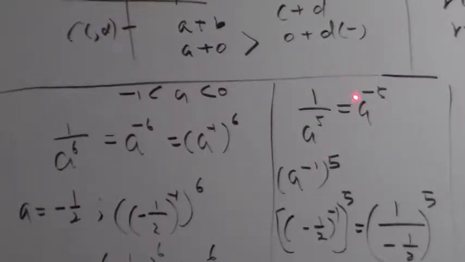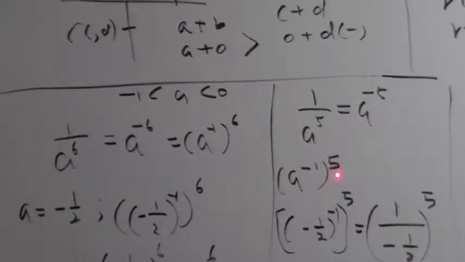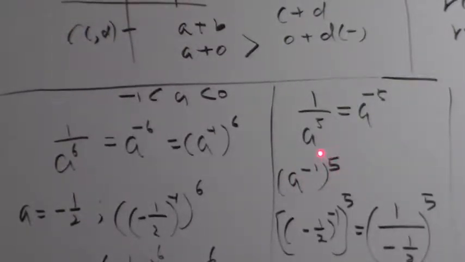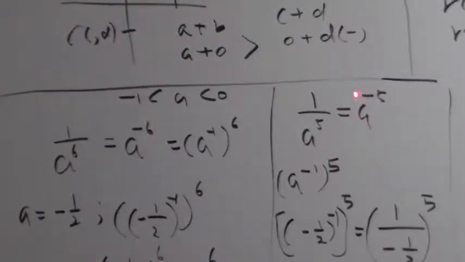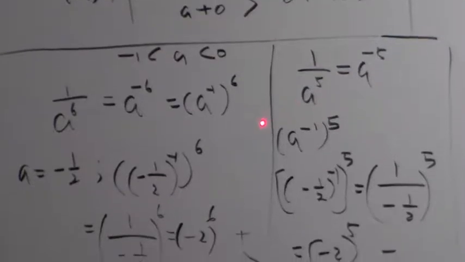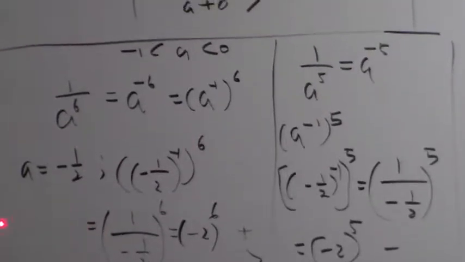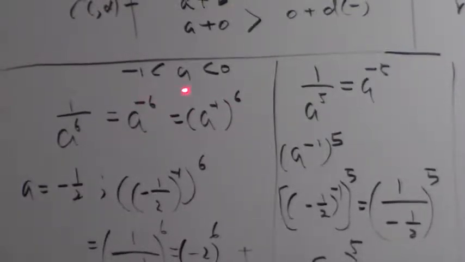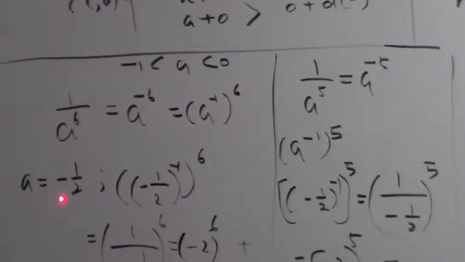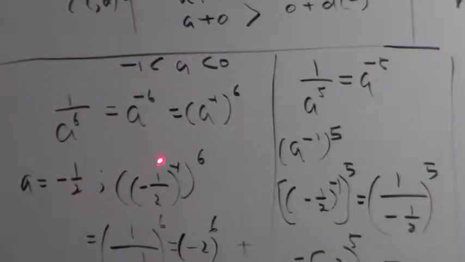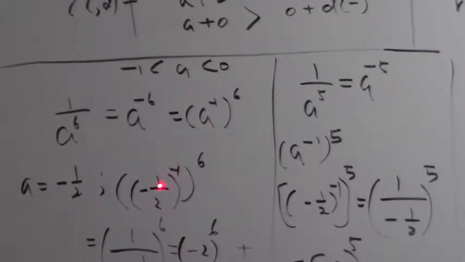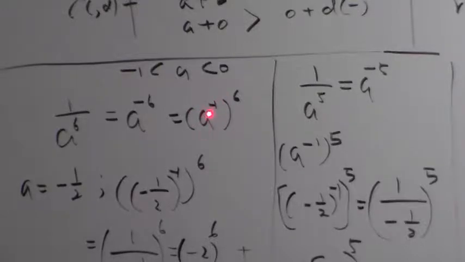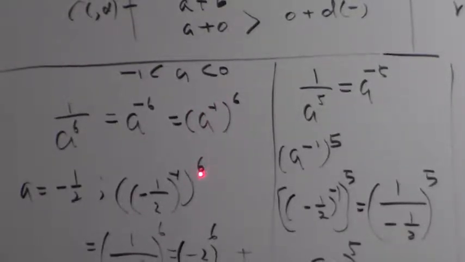Also the trick is minus 1 times 5 is minus 5, so it's okay. So we're going to pick A as minus 1.5, because they have a given condition.